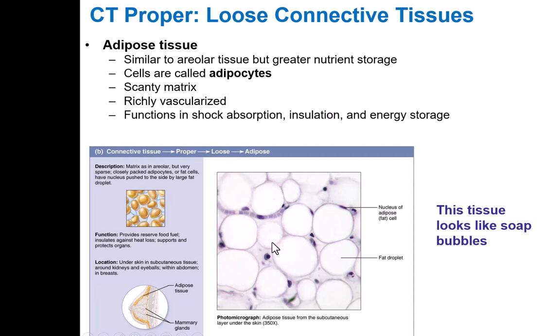The nuclei of these cells are pushed up against the cell membrane. So the nuclei are not in the middle of these cells. They are pushed up against the membrane because the rest of the cell is filled with fat. These cells are called adipocytes. They are filled with fat. This is our fat storage. And that's why these cells look like soap bubbles. So if you look at something, you say that looks like bubbles, you automatically know that is adipose connective tissue.